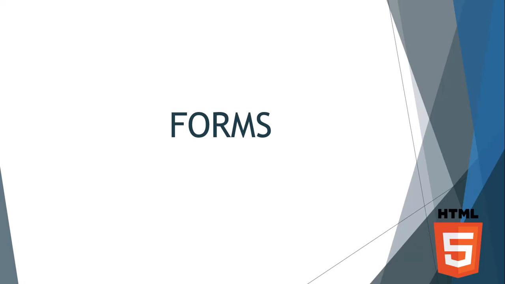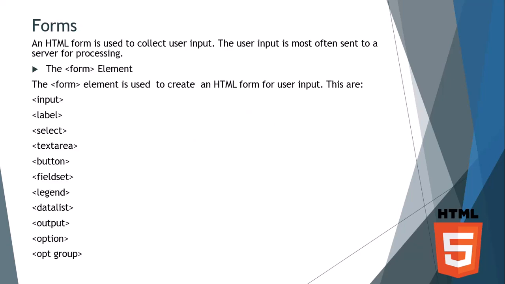So, let's go straight into what we have for the HTML form. Like I said, an HTML form is a collection of user input, and these user inputs are often sent to the server. So we have the form elements. We have various types of form elements which are listed on the screen.